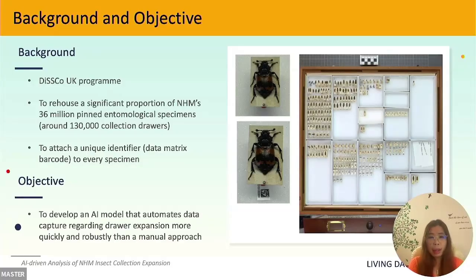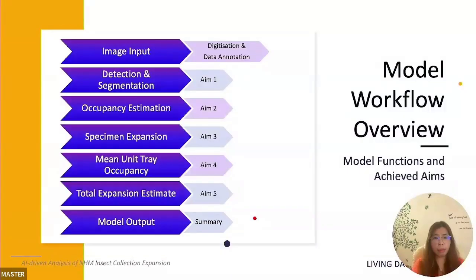Consequently, there is an unavoidable expansion in the footprint of the collection. Any estimation of this expansion is impractical at scale. Therefore, we initiated this POC project to develop an AI model that automates data capture regarding drawer expansion more quickly and robustly than a manual approach.